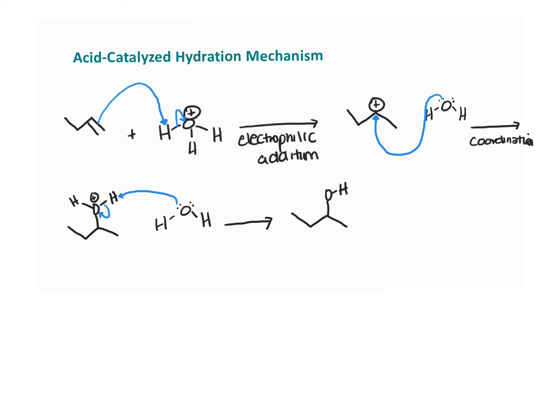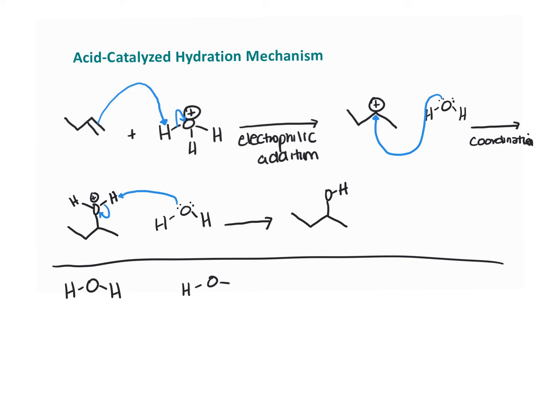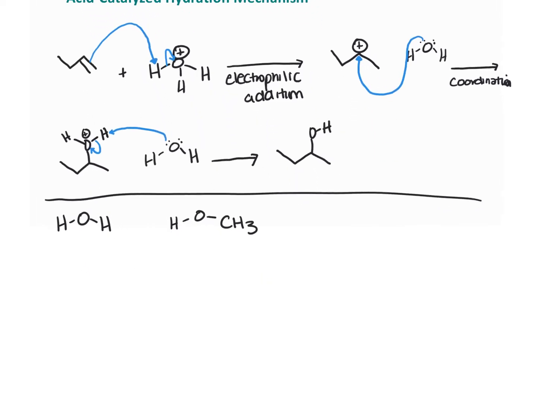Now, one of the things to be aware of is we're adding water here, but remember, if you have H2O that looks like this, alcohols react very similarly to water, okay? Because all we've done is exchange a hydrogen for a methyl group, for a CH3 group, or another R group. So this same mechanism will work if you add an alcohol, okay?